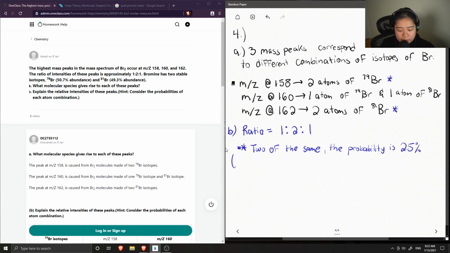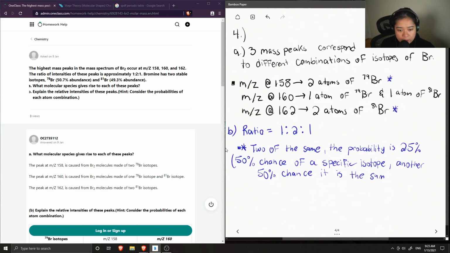And the reason for this is because we have a 50% chance of a specific isotope and another 50% chance that it's going to be the same.